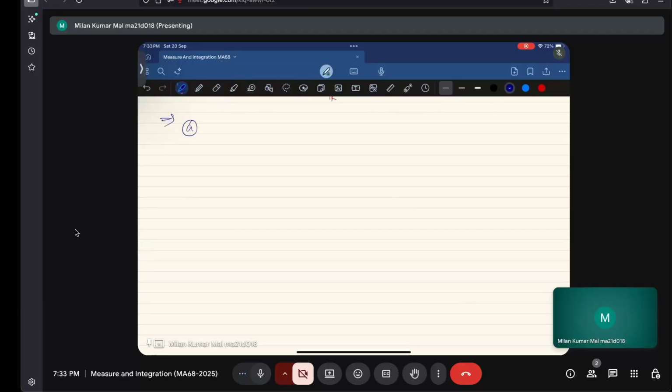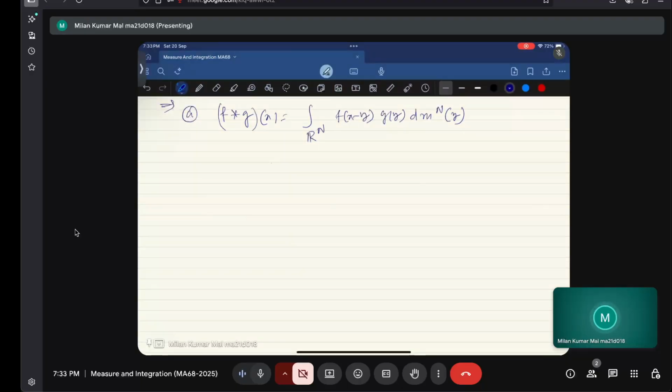So the first part: f star g at the point x equals the integration over Rn of f(x minus y) g(y) dm1 y. This is what it is. Now with a change of variable, let's take x minus y equals u. Then y equals x minus u.